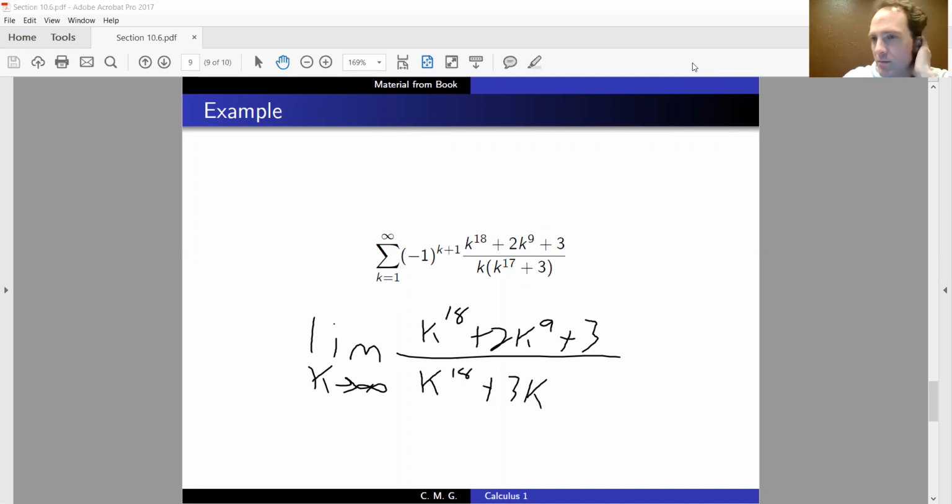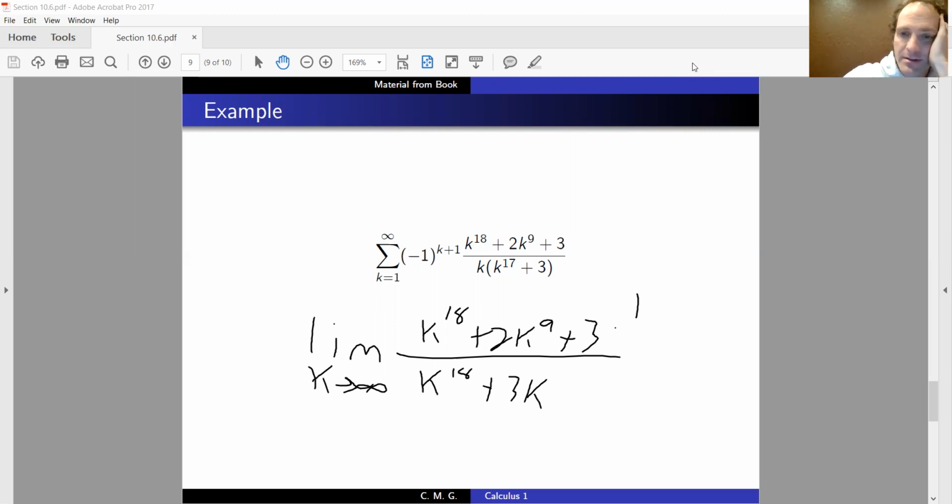You could do this one of two ways. I will divide by the largest power of k on the top and the bottom and then take the limit. Or I just look at this and say the degrees are the same on the top and the bottom, so I remember from college algebra, divide the coefficients of the first two terms. And that's how we get it.